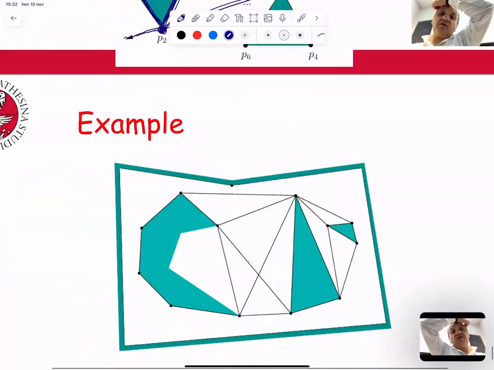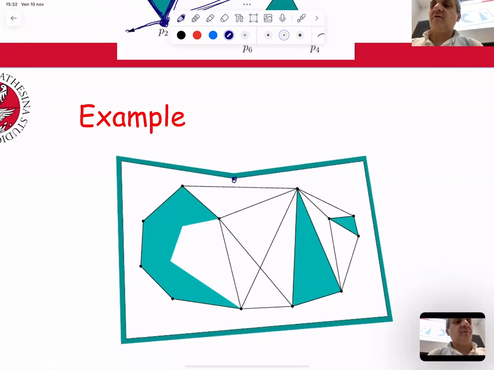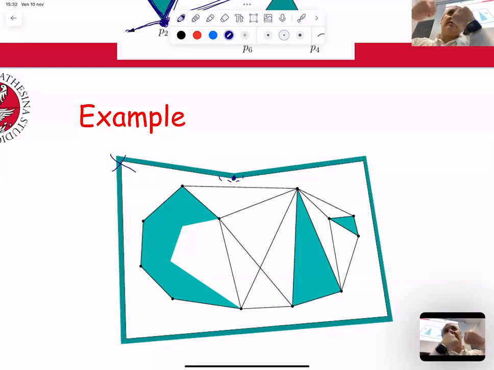So this means that if you start, suppose you start from these dotted points, you see. Yes, because if you consider this angle is greater than pi, so this is a vertex point. This is not, because if you see the angle that lies in the free space is smaller than pi.